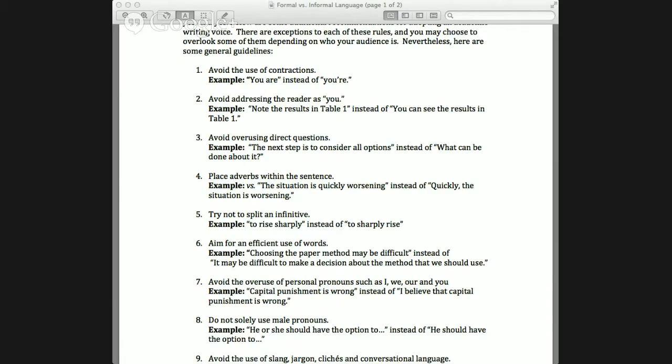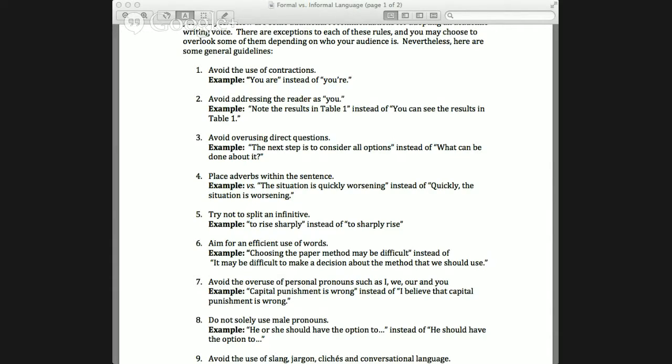And for me, this sort of makes the question less direct. I get to use it, but it still gets to be formal. So that can look something like, "This begs the question: what steps are to be taken?" Right? Which still seems a little bit more formal than "What can be done about it?"